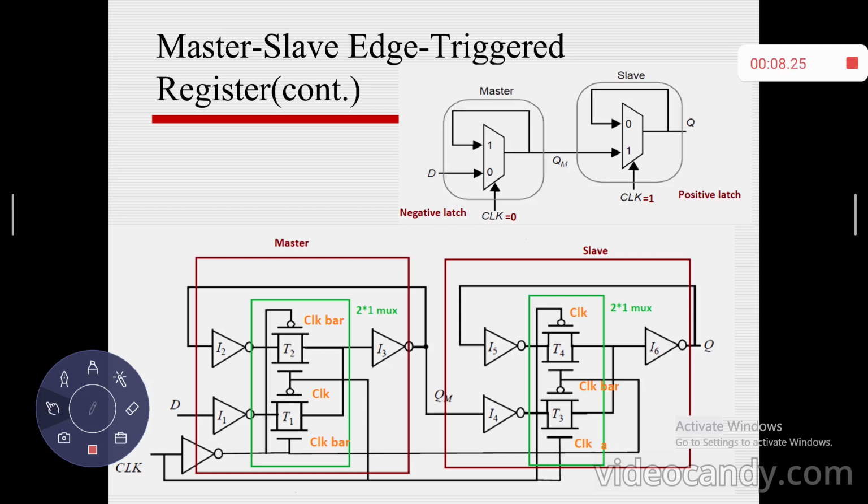If I interchange the control signal, clock from 0 to 1, T2 is on, T1 will be disconnected, T3 will be active, and T4 will be deactivated. So the master will do a holding operation, whereas the slave will do a loading operation.